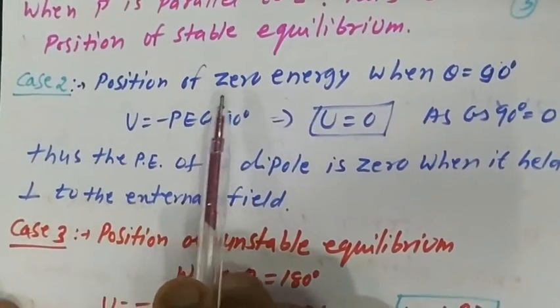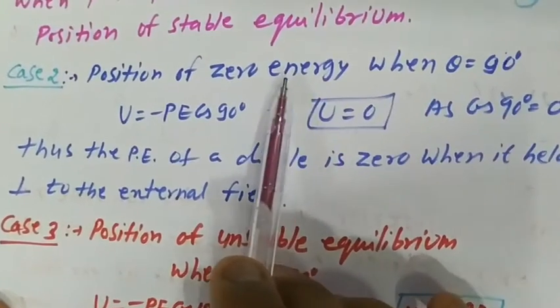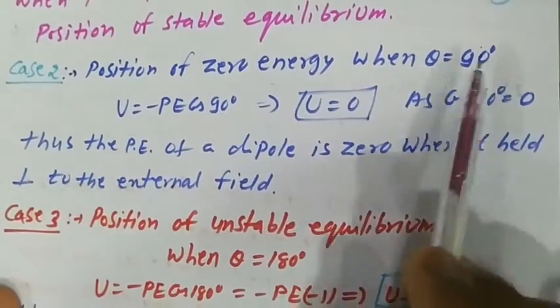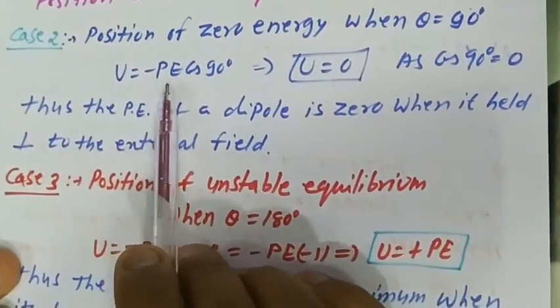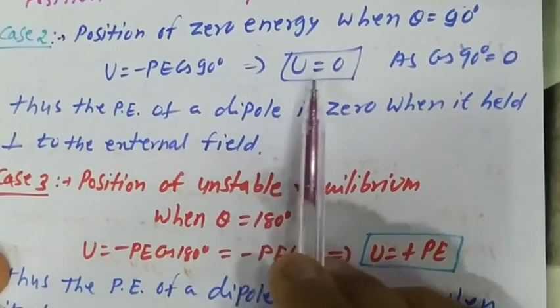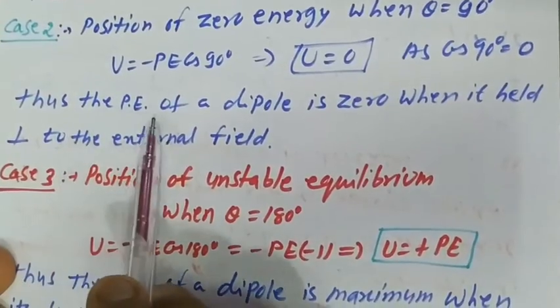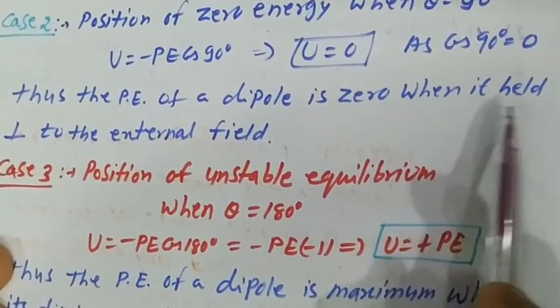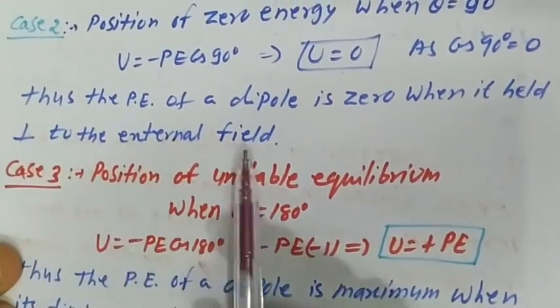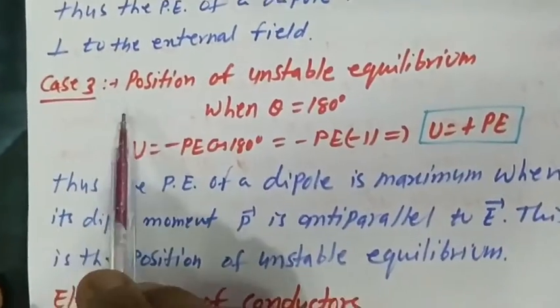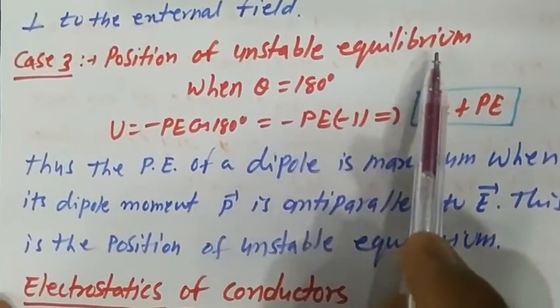Case 2, position of zero potential energy. When theta equal to 90 degree, U equal to minus PE cos 90 degree, cos 90 equal to 0, so U equal to 0. Thus the potential energy of a dipole is 0 when it is held perpendicular to the external field. Case 3, position of unstable equilibrium.